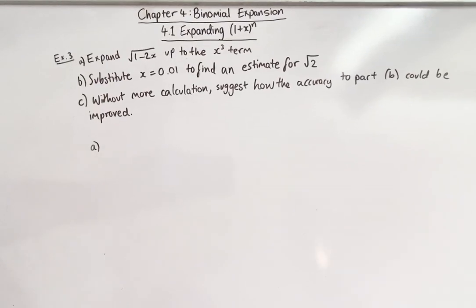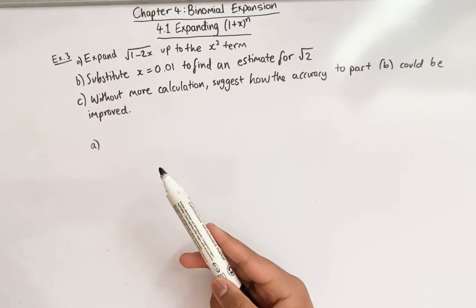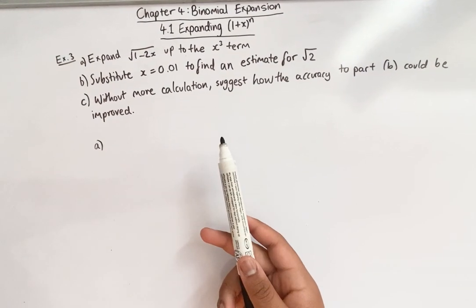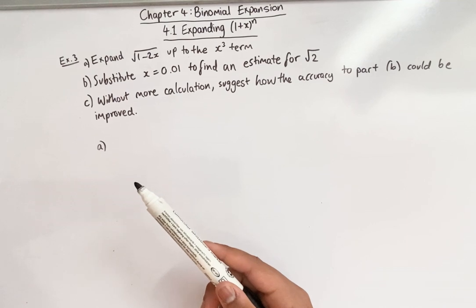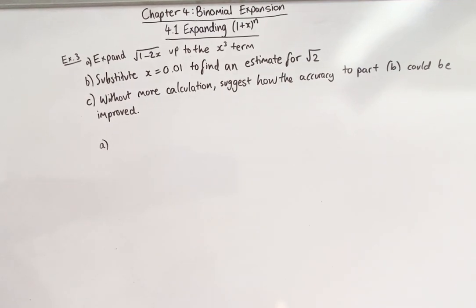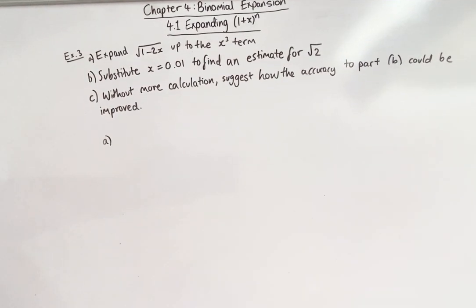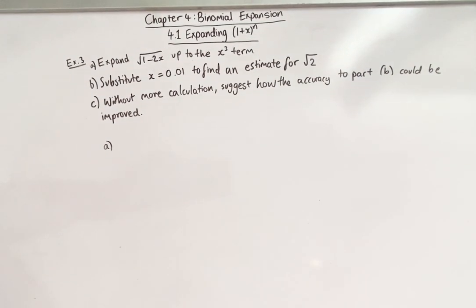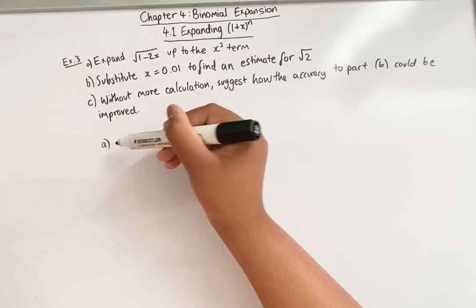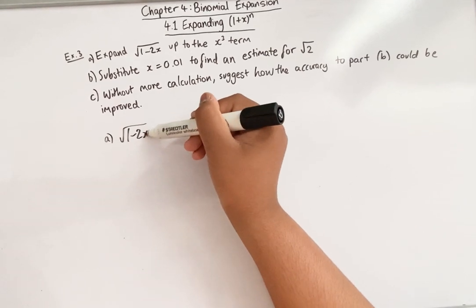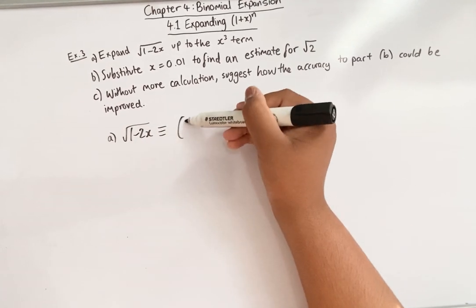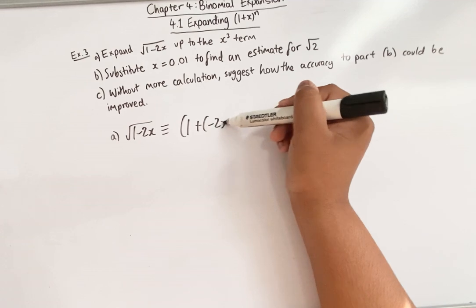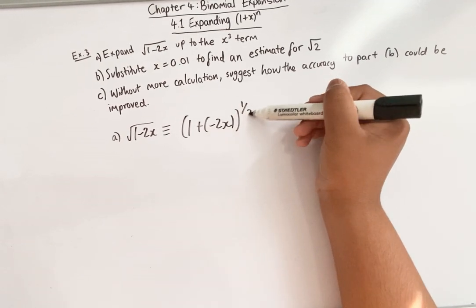Let's do another example. A, expand the square root of 1 minus 2x up to the x cubed term. B, substitute x equals 0.01 to find an estimate for the square root of 2, and C, without any more calculation, suggest how the accuracy to part B could be improved. So for part A, the square root of 1 minus 2x is the same thing as saying 1 plus minus 2x to the half.